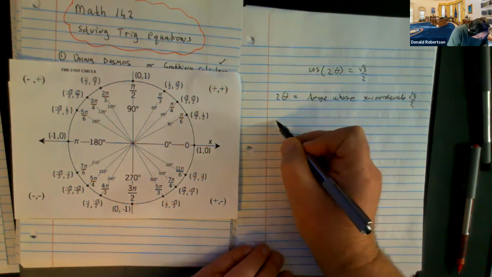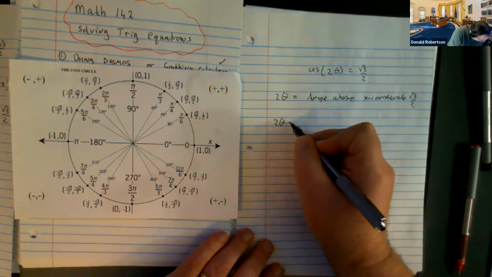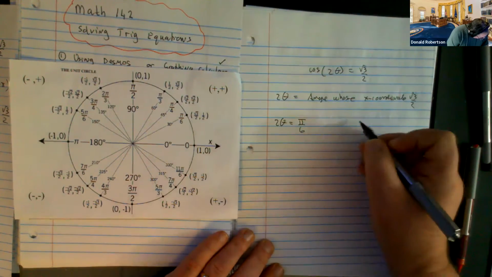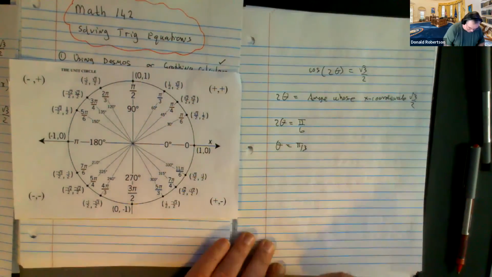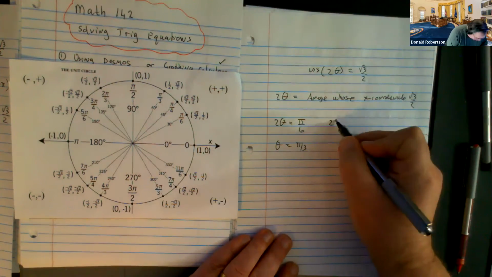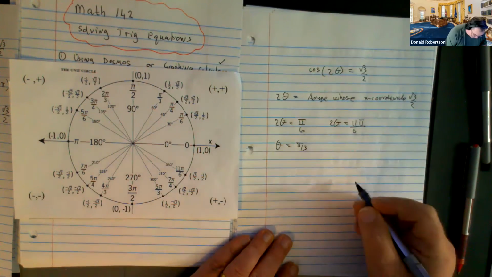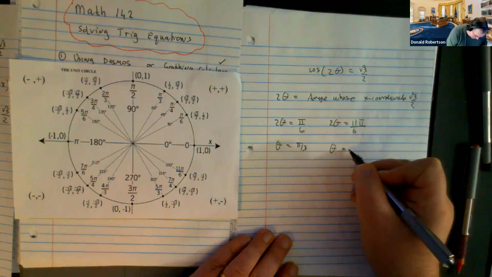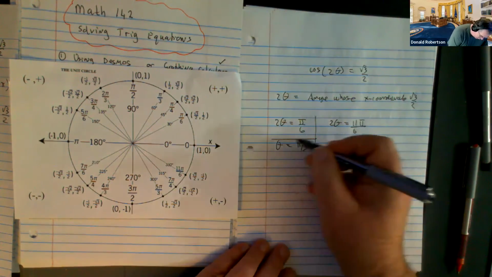And you would say, just like we did last time, 2 theta is pi upon 6, and that means theta is pi upon 12, right? And then you'd say 2 theta would be 11 upon 6 pi, right? That one. And that would make theta 11 upon 12 pi. Okay, so we've got 2 answers.